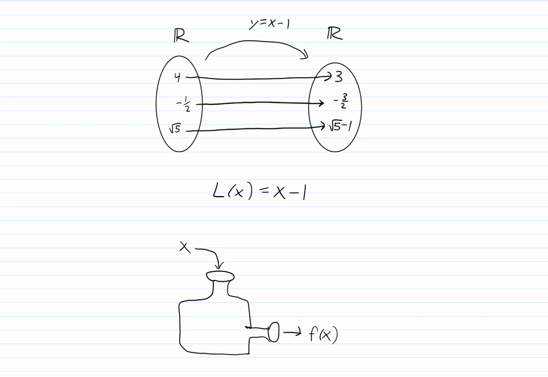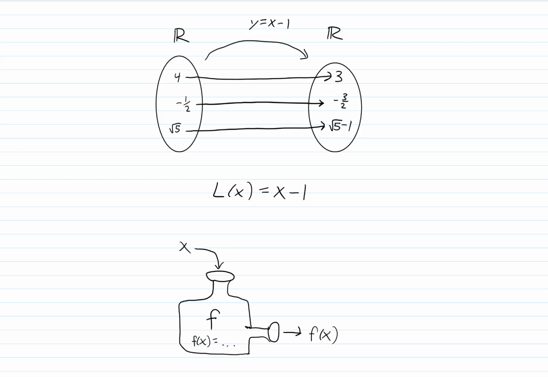And the name of that machine would not be f of x. F of x is the thing that comes out of the machine. The name of the machine would just be f. And if there's a formula for that function, then you might see that formula written on the side of the function.